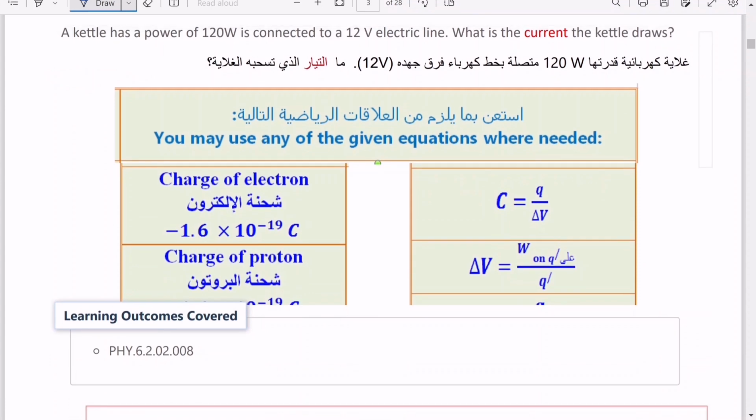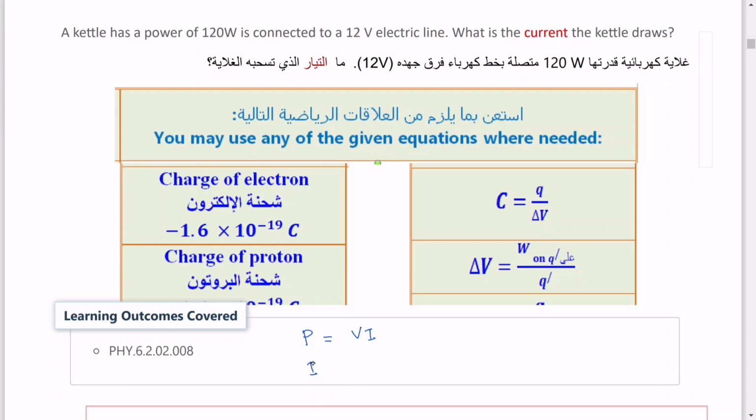Question number 3. A kettle has a power of 120 watts and is connected to a 12-volt electric line. What is the current in the circuit? Here we have the equation to calculate power. Power is equal to VI, potential difference multiplied by current. In this we need to calculate current.